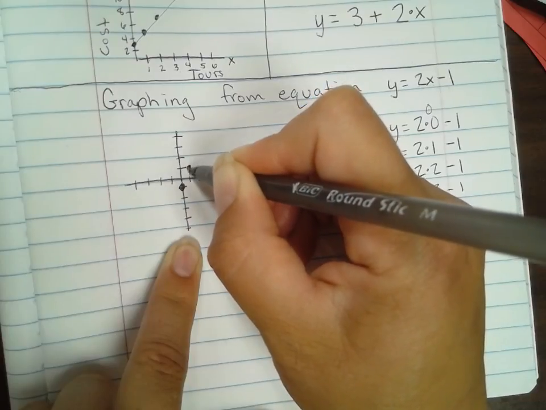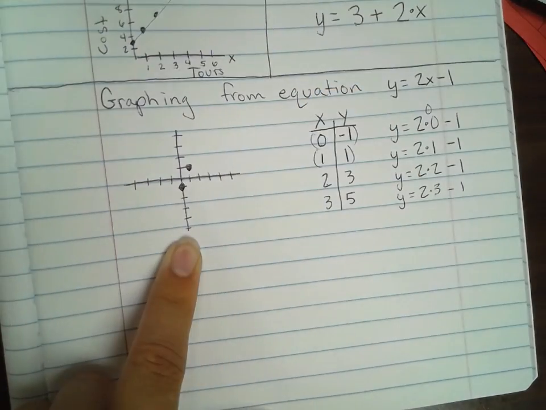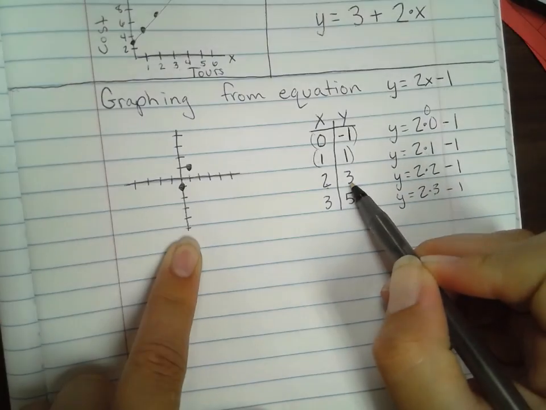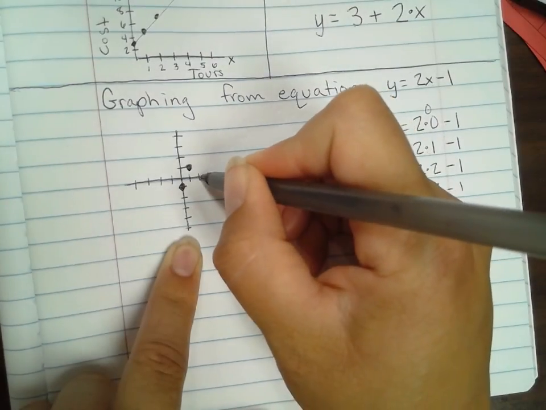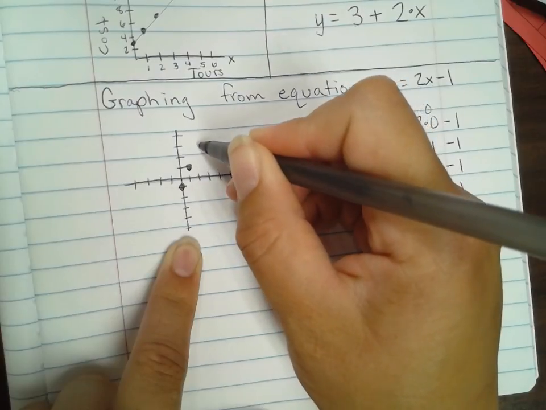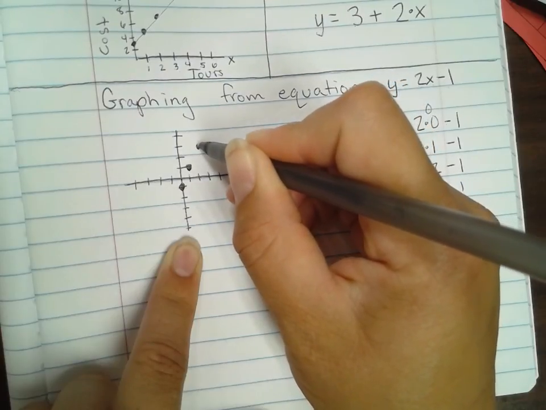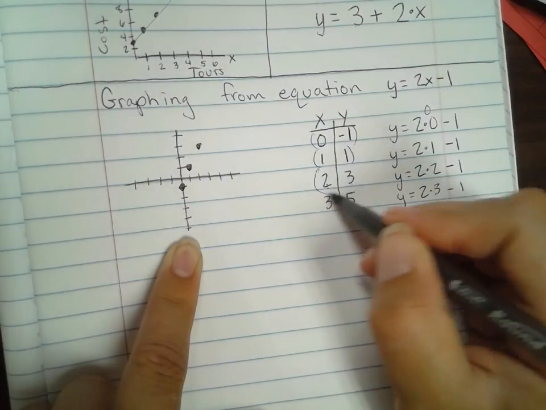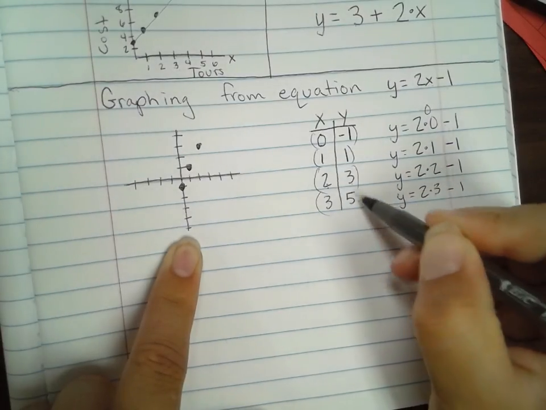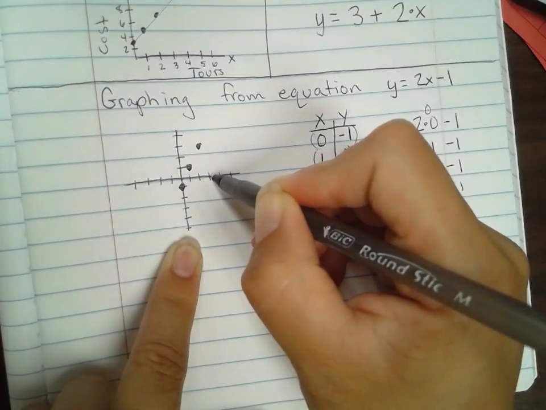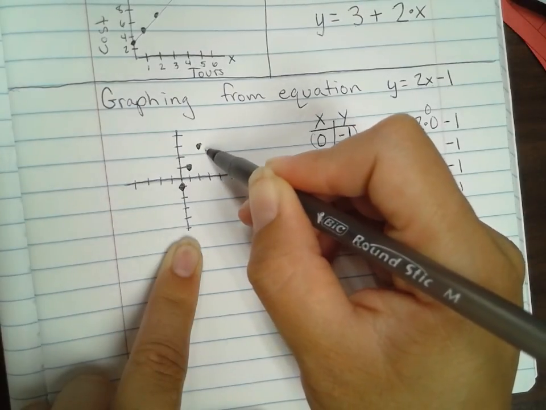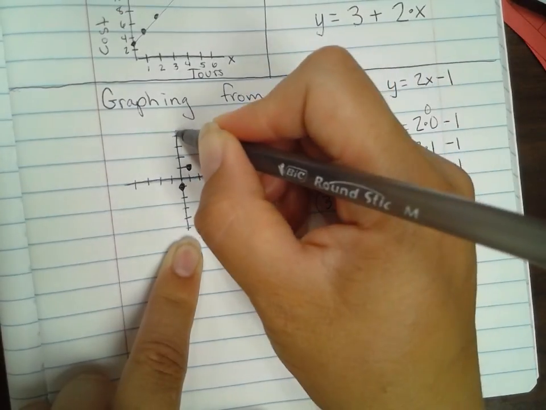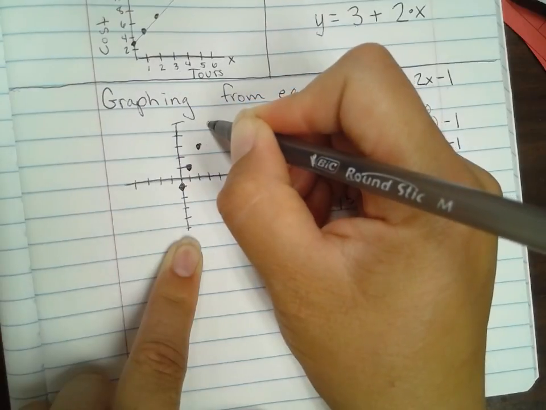Put a dot right there. 2, 3, so I go to +2 on the x, up 3 on the y. 3, 5, so I'm going to go over to 3 and up 1, 2, 3, 4, 5.